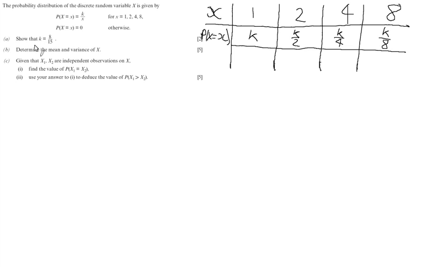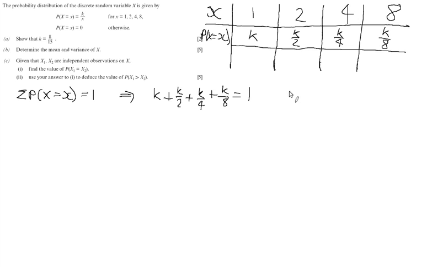Now, in order to show that k equals 8 over 15, I want to use the fact, not actually show it, sorry, that the sum of the probabilities is equal to 1. So when I add k plus k over 2 plus k over 4 plus k over 8, this is equal to 1.